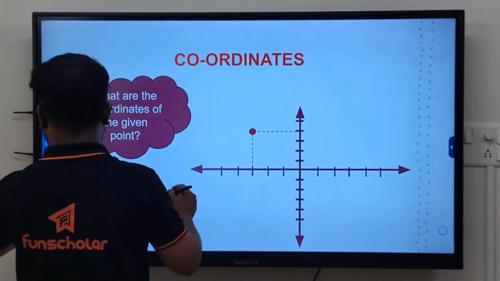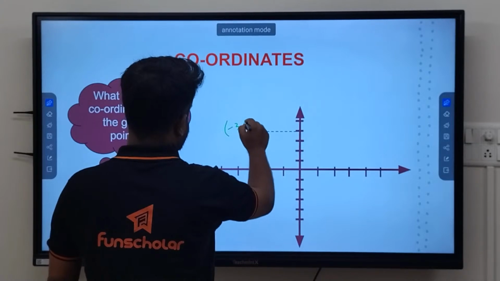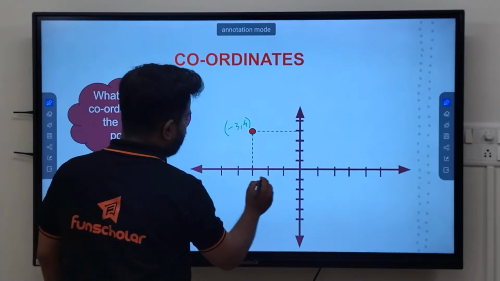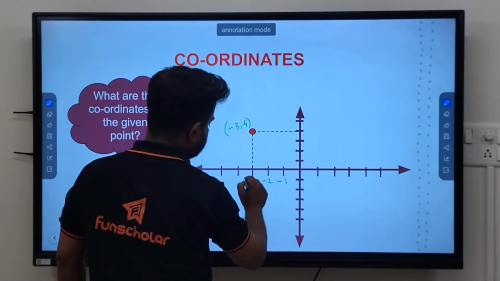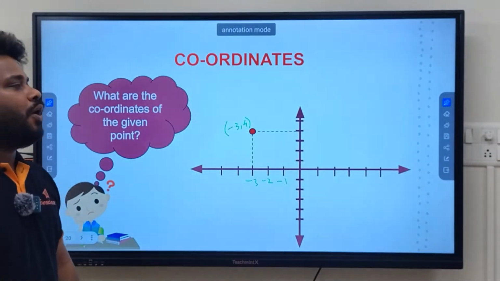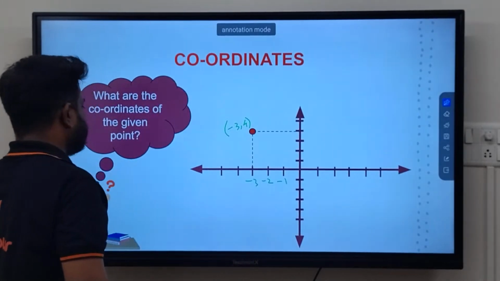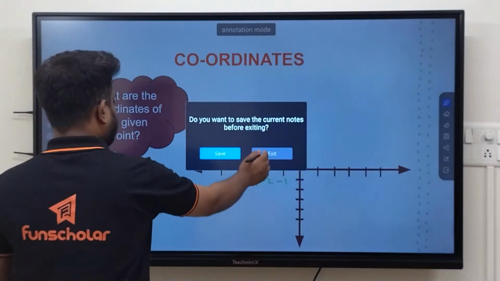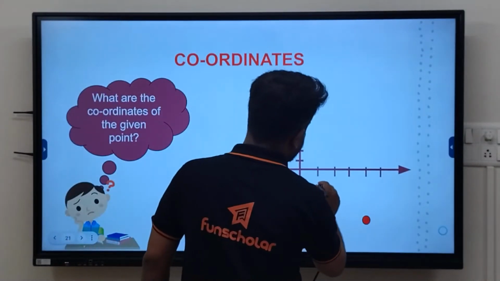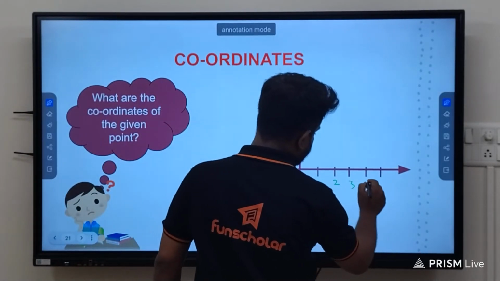So the point will be minus 3 comma 4. Why minus 3? Because in this position everything is in minus form, minus 1, minus 2, minus 3. This is the negative side of the x-axis. In a similar way, for the next one, this axis is positive, so it will be written as 1, 2, 3, 4.